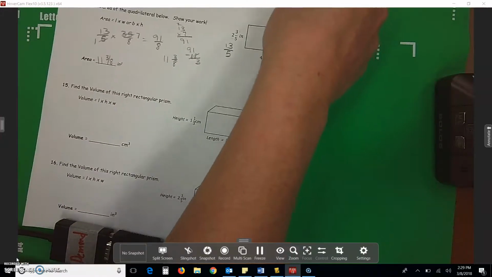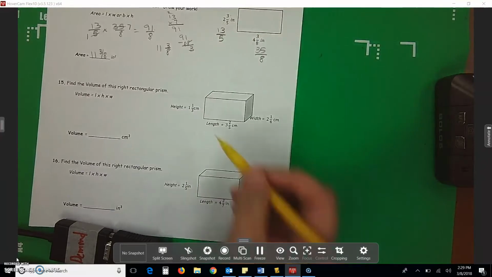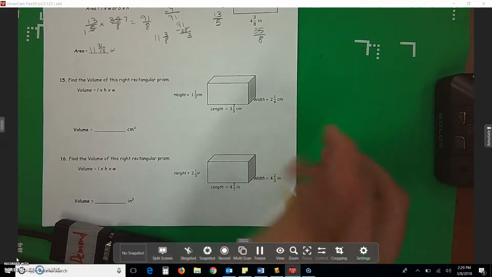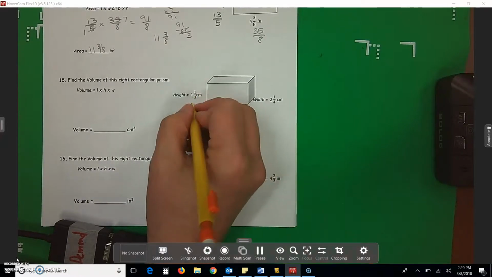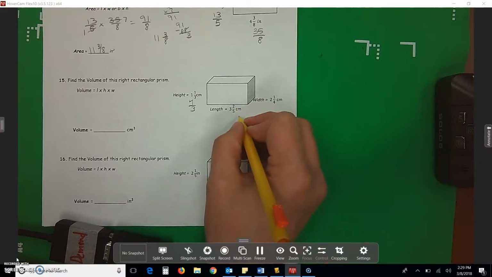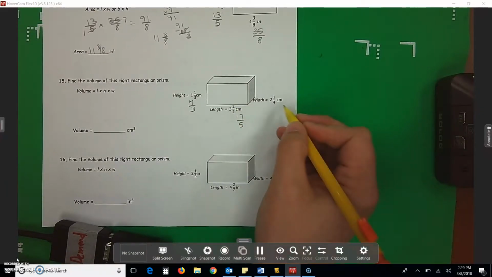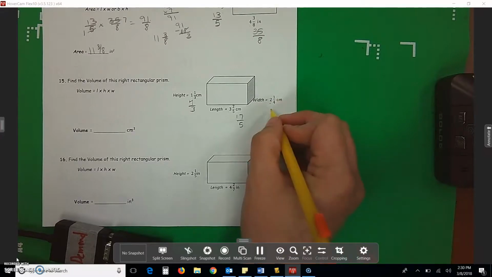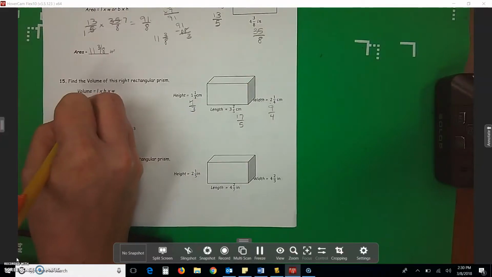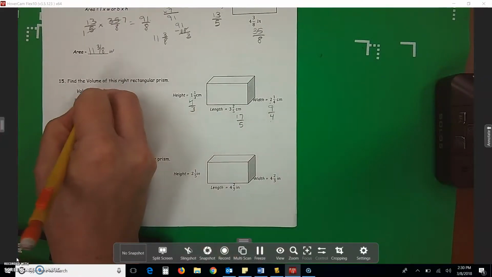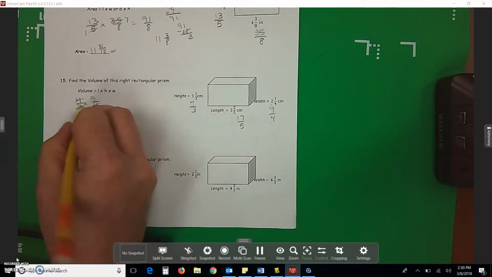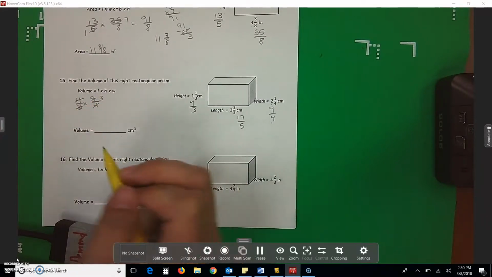On 15, we need volume, which means we need all three of these numbers. 3 times 1 is 3, plus 1 is 4, so we got 4/3. 5 times 3 is 15, plus 2 is 17/5. 2 times 4 is 8, plus 1 is 9, so we get 9/4. 4/3 times, I'm going to do 9/4 first, because if I do that, my 4's will cancel out, my 3 will cancel out, and I'll just have a 3 here.